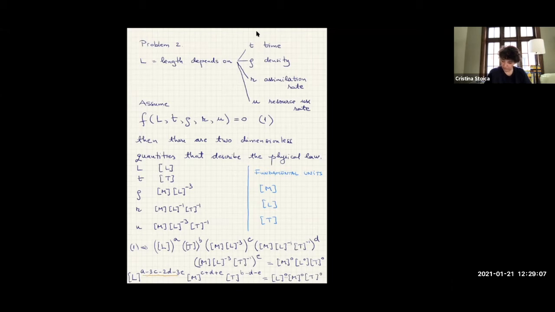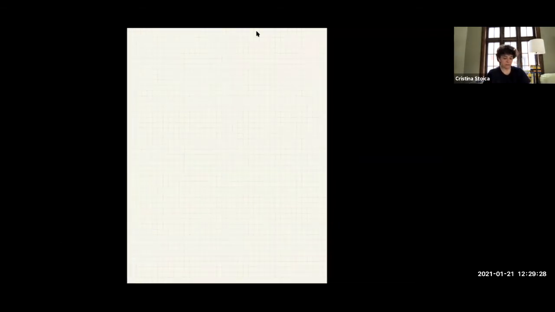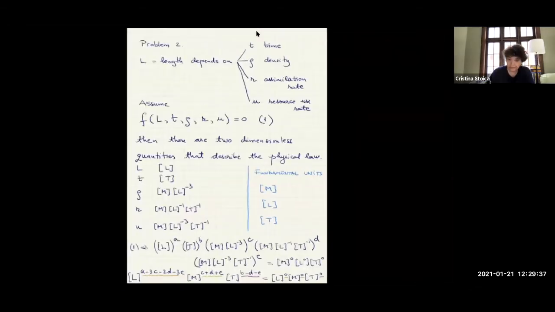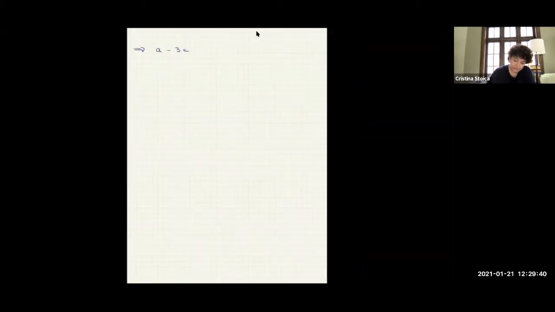Each exponent is 0. So we get a linear system with 5 unknowns and 3 equations. So we have A minus 3C minus 2D minus 3E is 0, and then C plus D plus E is 0.